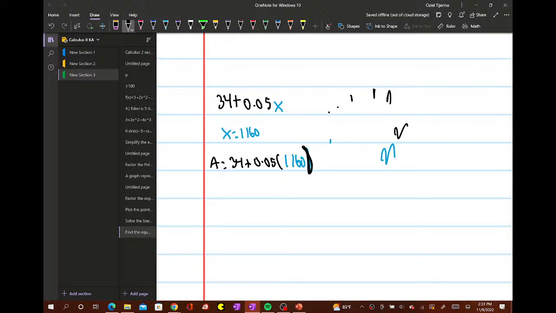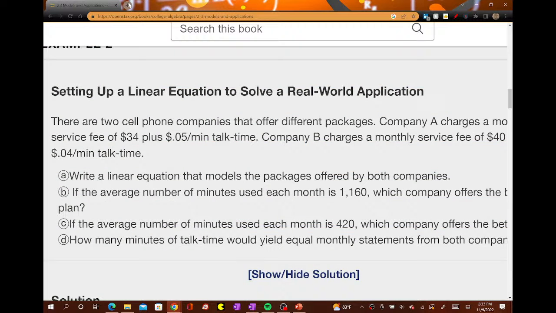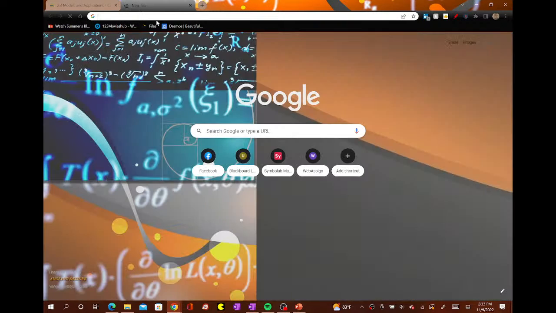Basically we have to simplify this, right? So let's go to Desmos very quickly.